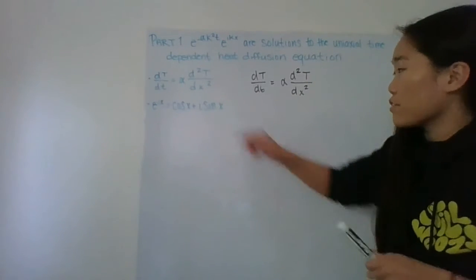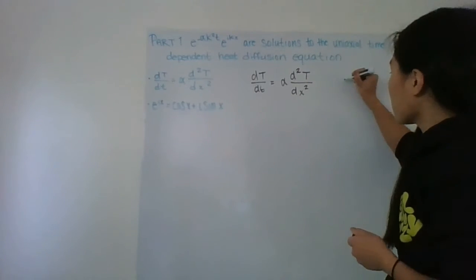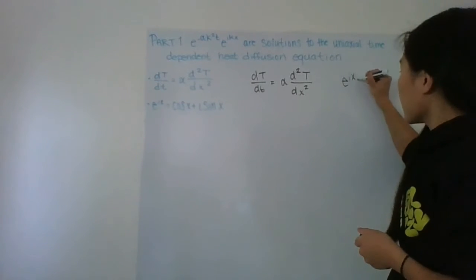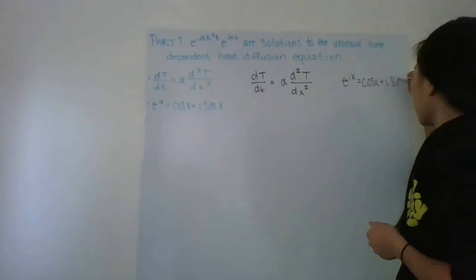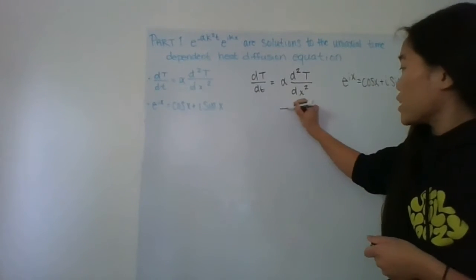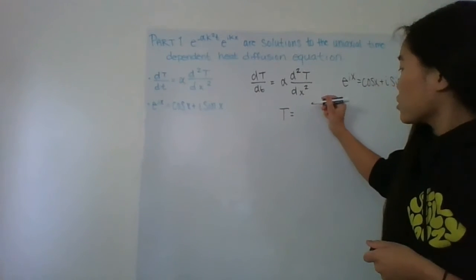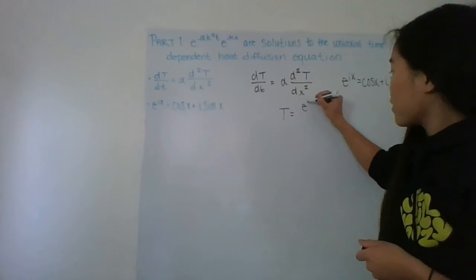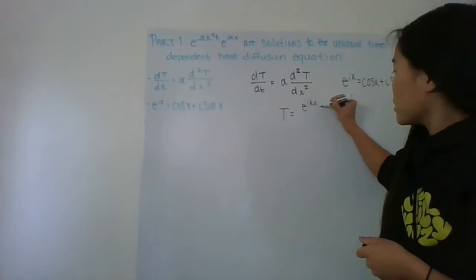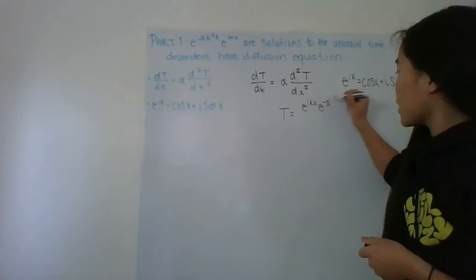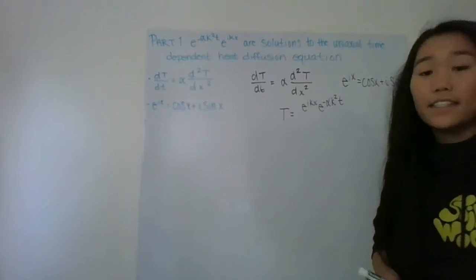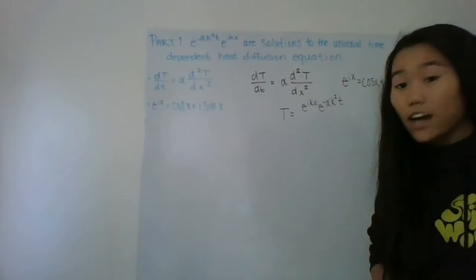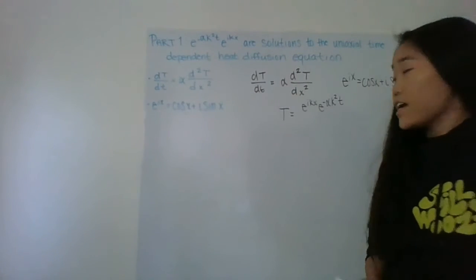And remember, we also have Euler's identity or Euler's formula, which is e to the power ix equals cosine x plus i sine x. So solving for T, we end up getting T equals e to the power of ikx multiplied by e to the power of negative alpha k squared times t. k in this is an integer and not the thermal conductivity.